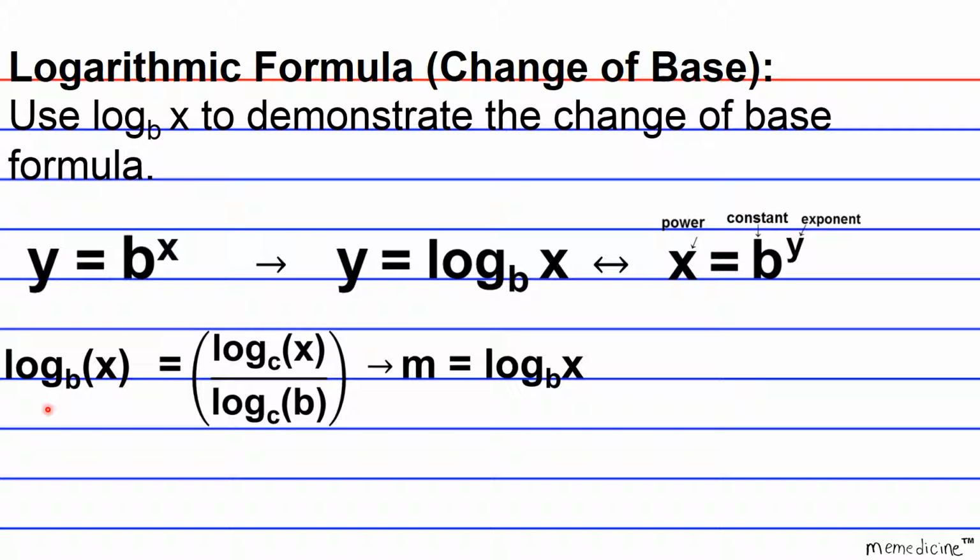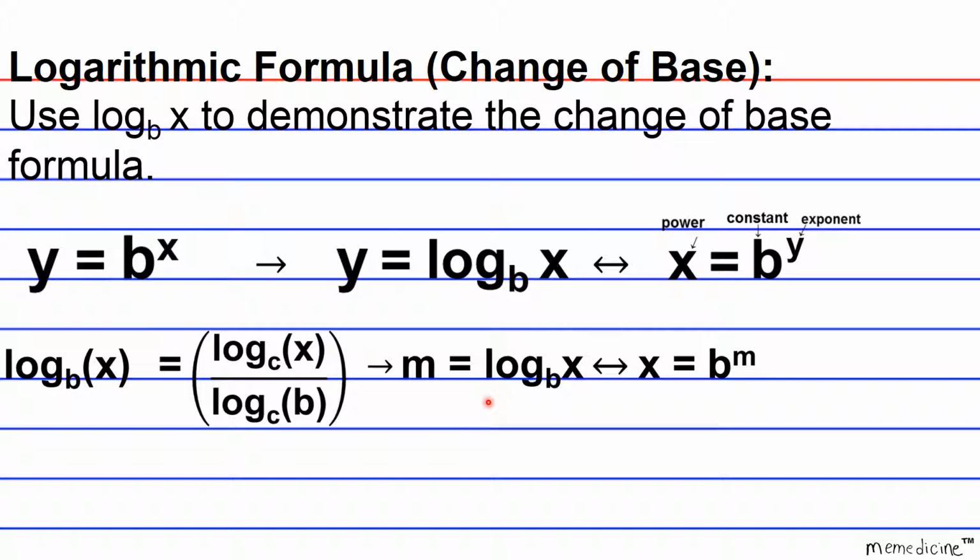And if we convert this logarithmic expression into exponential notation, as demonstrated previously here, we can also re-express this as x is equivalent to b raised to the m, okay? Based on what we just were introduced to with the equivalent exponential expression for a logarithm, okay?